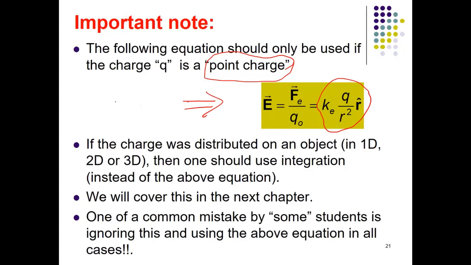What I mean by this is we're going to deal with, for example, a disk that has a distribution of charge, maybe a rod, maybe a cylinder. These are not point charges, so this equation cannot be applied there. Over there, when we deal with the actual object, we need to use integration. Basically, we make these objects into many small pieces, and then we do integration. But that's something we're going to do in the next chapter.